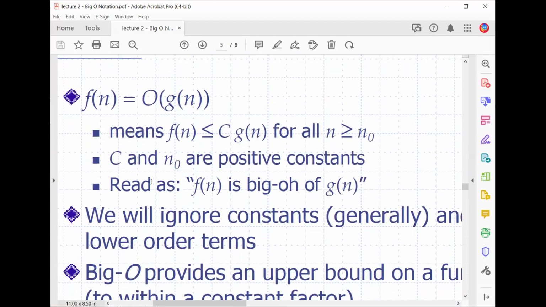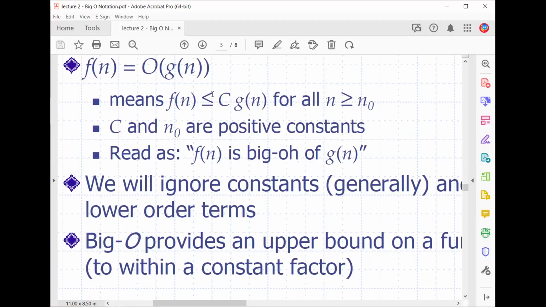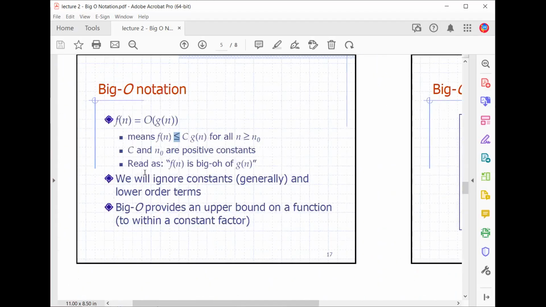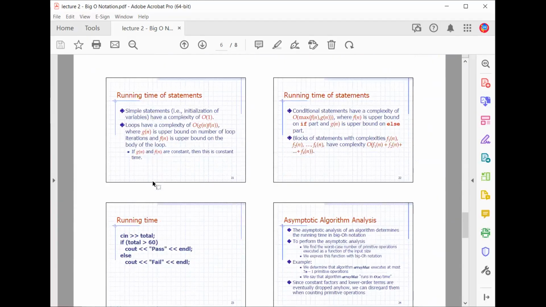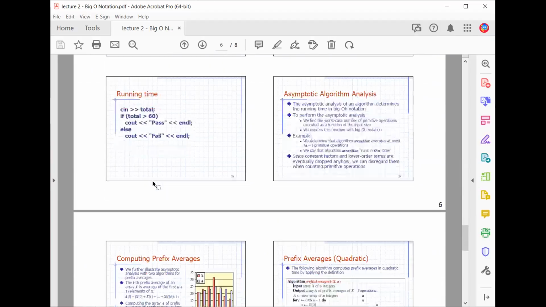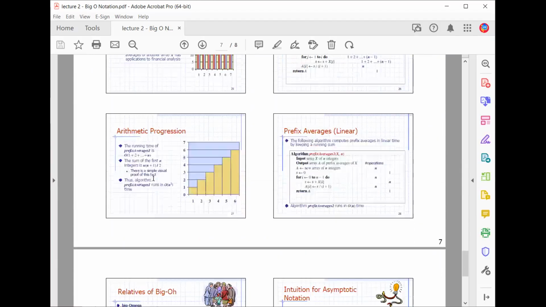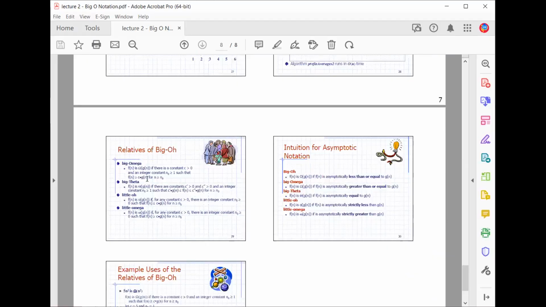Right. Remember the big O notation is where this is less than or equal to. So f of n is big O of g of n, with less than or equal to. Now, we will go down further. I should probably put this up and let you look through it. It's the same functions and so on.